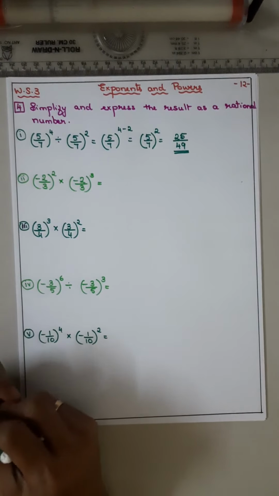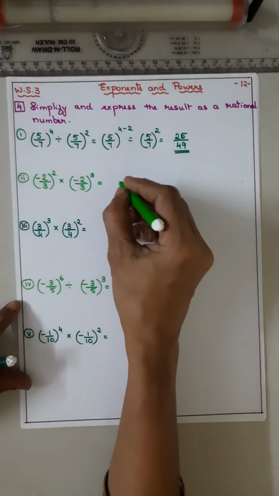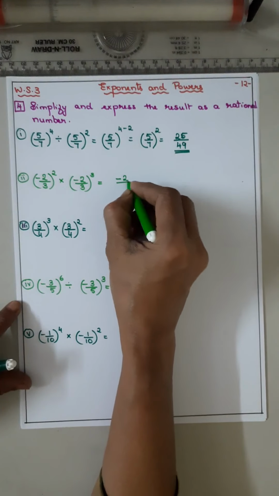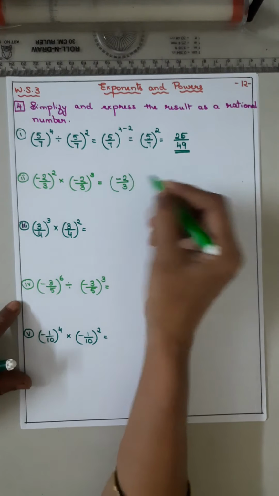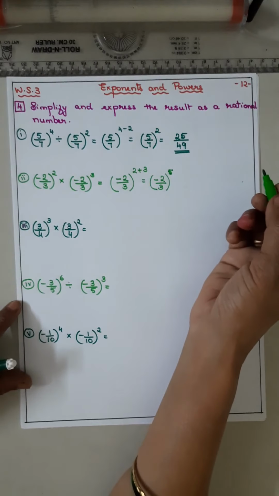Now coming to the second sum, minus 2 by 3 is the base. Write the base, and in between it is multiplication, so you have to add the powers. So it will be minus 2 by 3, the whole raised to 5, isn't it?